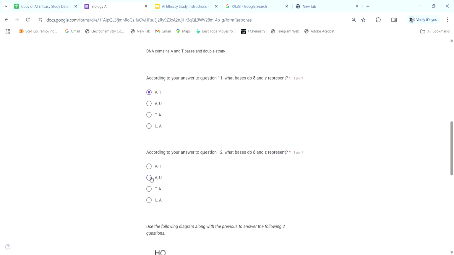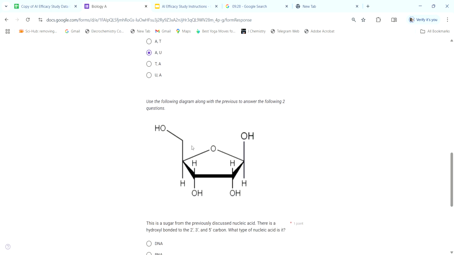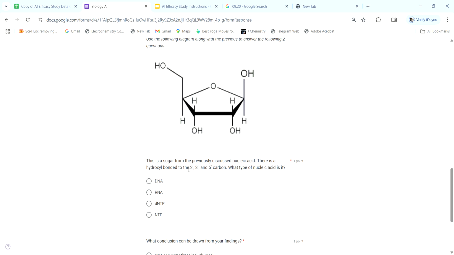Use the following diagram along with the previous one to answer the following two questions. So this is a sugar molecule from the previously discussed nucleic acid, and there is a hydroxyl bonded to the 2 prime, 3 prime and 5 prime carbon. What type of nucleic acid is it?